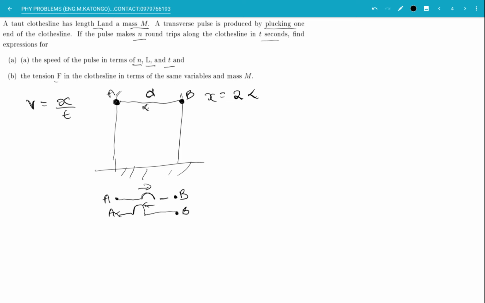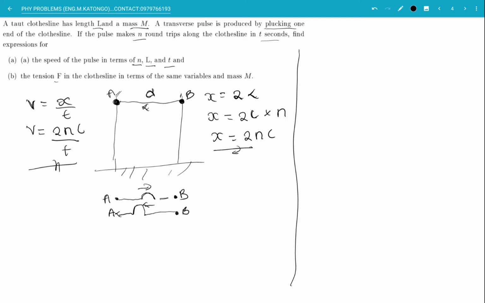So therefore, we'll have the displacement x being equal to 2L, which is twice the length of the clothesline, times the number of rounds. Therefore, we'll have our displacement x being equal to 2nL. Replacing this into our equation, we'll have the speed of the pulse being equal to 2nL over t.